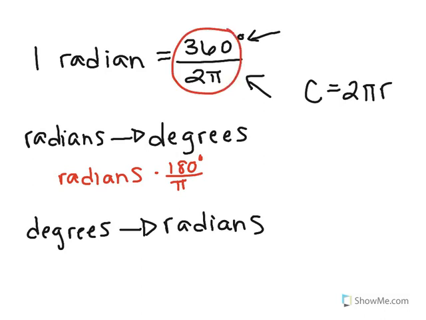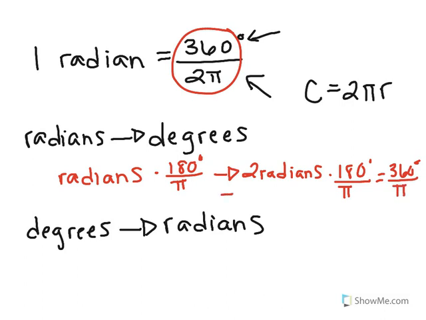Okay? So, for example, if I want to convert 2 radians, and unfortunately there's no shorthand for radians, so we're going to have to write them out. I'm going to multiply it by 180 degrees, and then divide that product by pi. So 2 times 180 degrees is going to be 360 degrees, and that's going to be over pi.